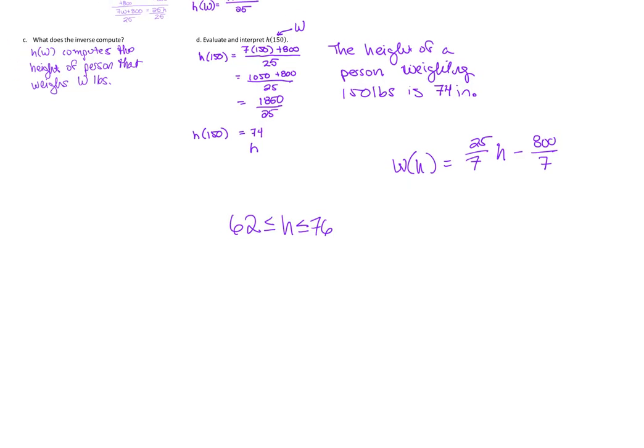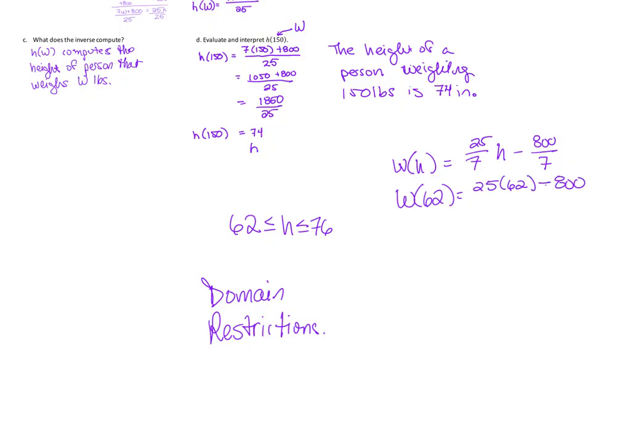To find our domain restrictions for our inverse function, all we're going to do is plug in these two numbers. If we figure out what is w of 62, well, we get 25 times 62 minus 800 over 7.